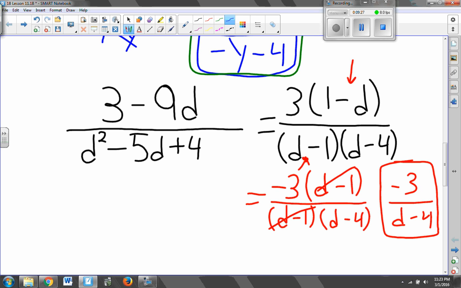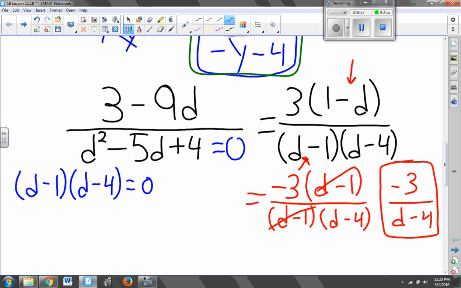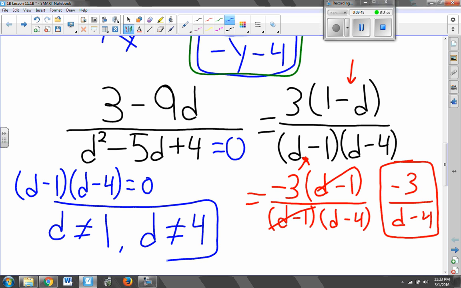So when I set this equal to 0, I factor it once again into d minus 1, d minus 4 equals 0. So my two options here are d equals 1, which means d cannot equal 1, and d cannot equal 4. So there are my excluded values. There's my simplified form here, excluded values there.